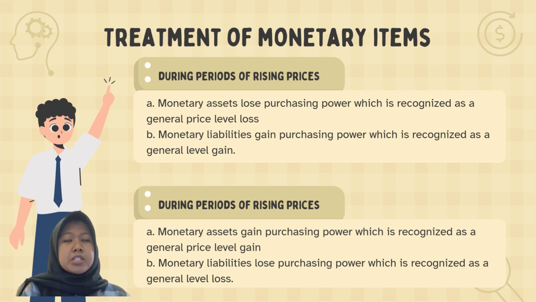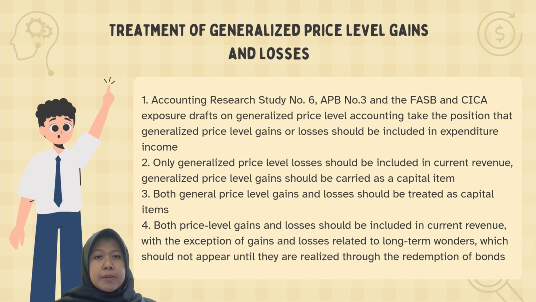More specifically, during periods of rising prices, monetary assets lose purchasing power, which is recognized as a general price level loss, and monetary liabilities gain purchasing power, which is recognized as a general price level gain. Next, during periods of falling prices, monetary assets gain purchasing power, which is recognized as a general price level gain, and monetary liabilities lose purchasing power, which is recognized as a general price level loss. The next material is about treatment of generalized price level gains and losses.